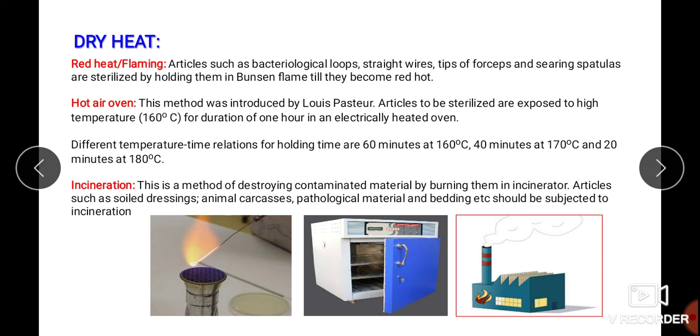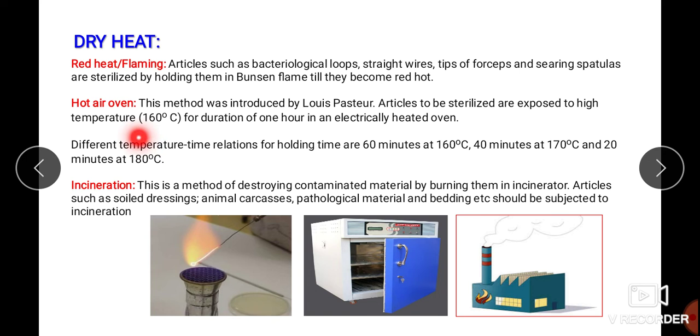After becoming red hot, these utensils get sterilized. Next, the hot air oven. The use of a hot air oven for sterilization was introduced by the scientist Louis Pasteur. The materials sterilized using a hot air oven are glasswares like pipettes, petri plates, and test tubes.